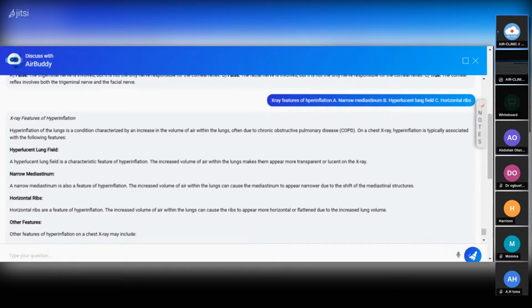You can pick up a bruit from the kidneys, you can pick up a bruit from the liver itself. Okay, so we have a divided house: CT angiography, renal arteriography. So what does everybody think?